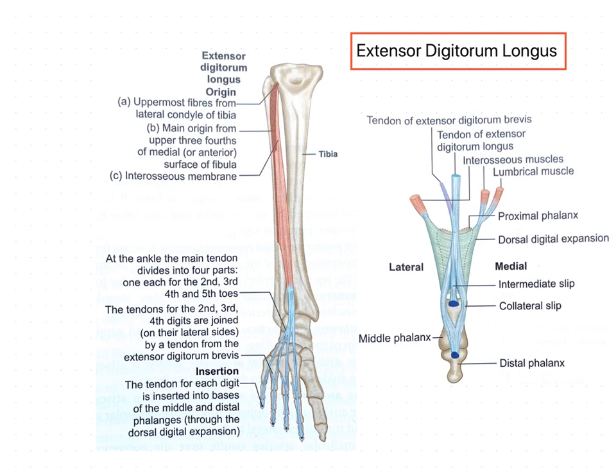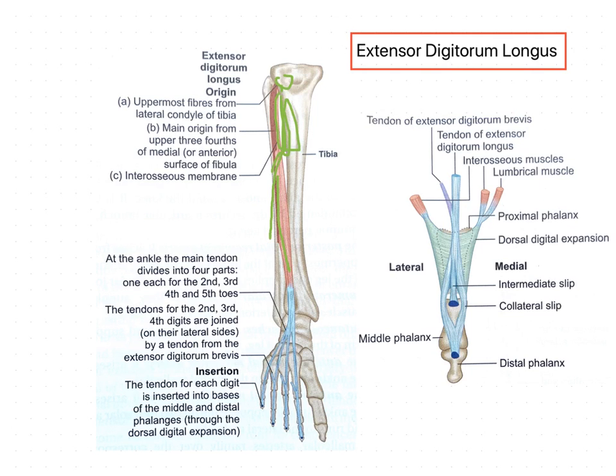This extensor digitorum longus originates from the lateral condyle of the tibia, the whole upper 1/4 and anterior half of the medial surface of the shaft of the fibula, and also the upper part of the interosseous membrane. So this is the origin of the extensor digitorum longus.